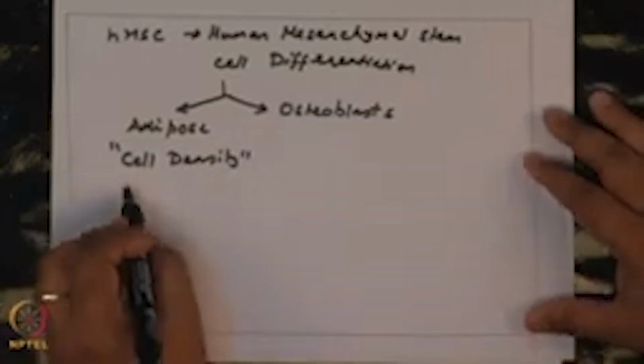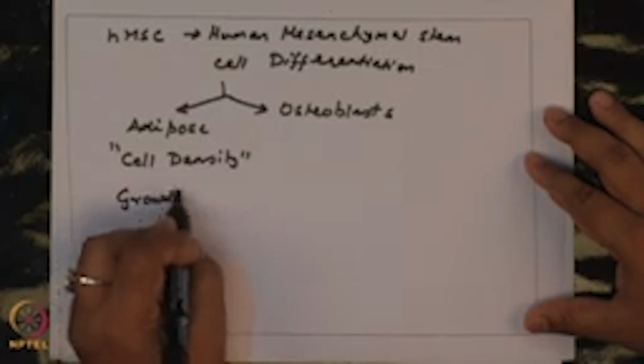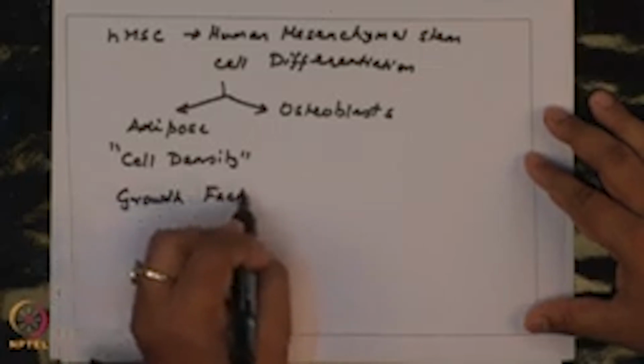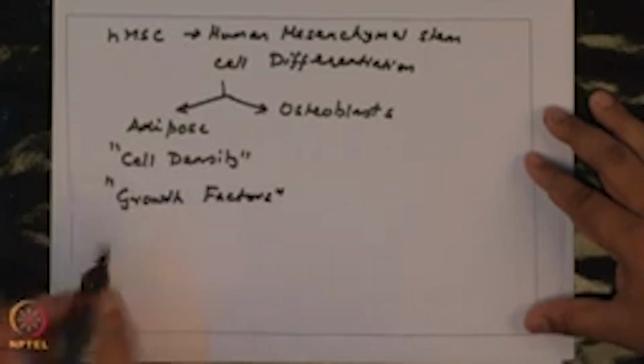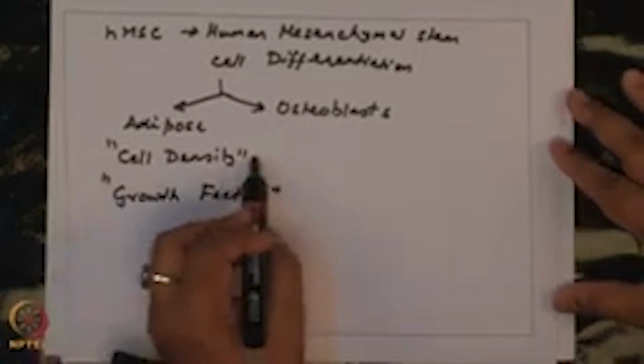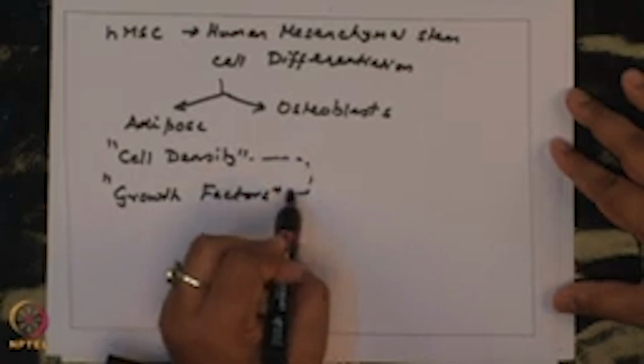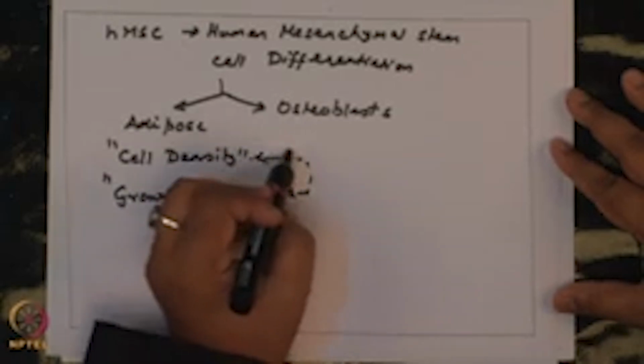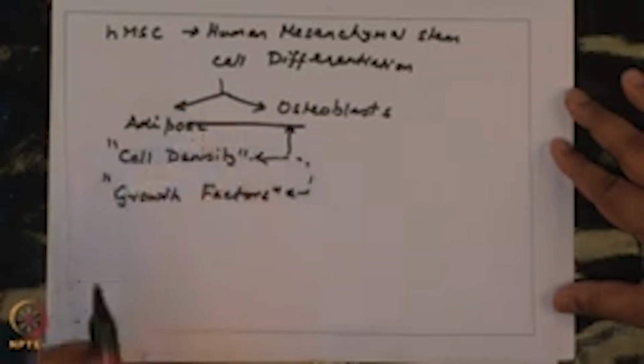Of course, one would imagine that growth factors are the only things which determine the overall response. But what is the correlation between cell density and growth factors in relation to this differentiation?